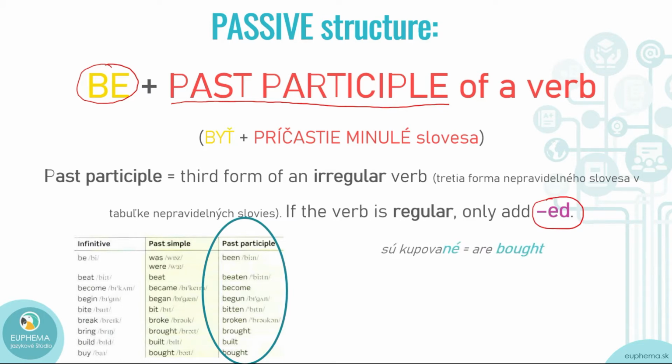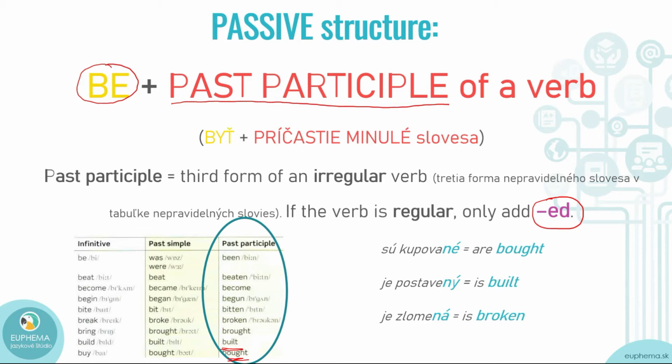So for example, in Slovak, we would say sú kupované. In English, you'll say they are bought. Kupované, bought. So this last form of this irregular verb, okay? Bought. Another example, je postavený. It is built. Not build, but built. This form. Je zlomená.